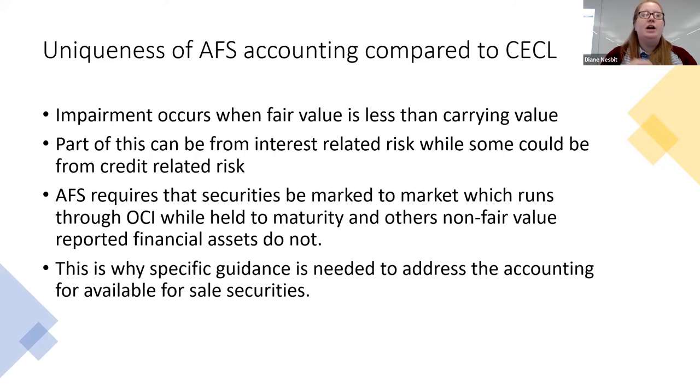A key reason why there was separate guidance outside of CECL is that available for sale securities, you're already marking to the fair value. Whereas with the CECL related items, those were typically held at cost. So that's why there were two separate pieces of guidance to help make the necessary changes, and why you'll see a little bit different treatment for these.